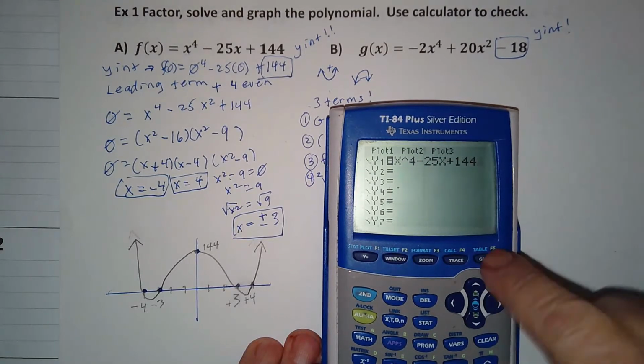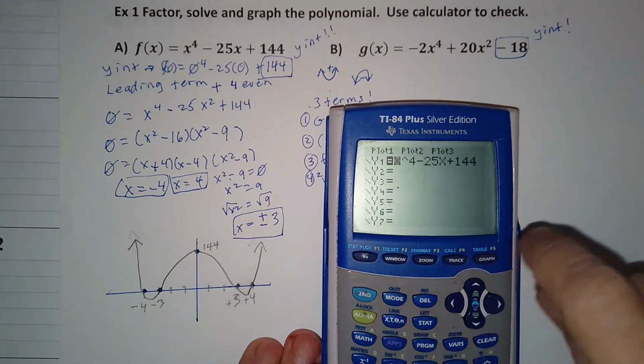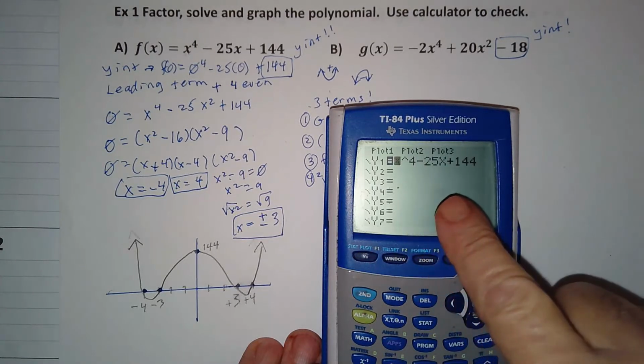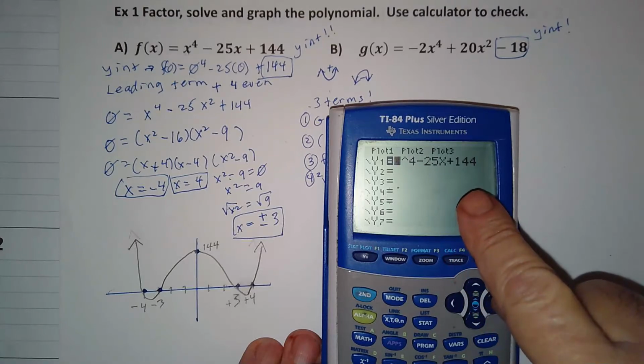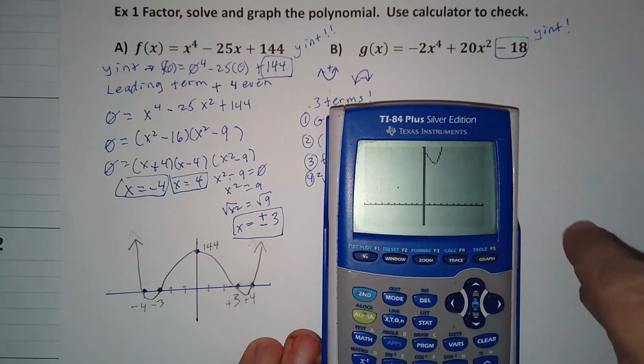Okay, and so then I'm going to graph it over here. And let's make sure. Obviously that doesn't look too good. Since this graph looks way up there, I'm going to have to change the y-intercept, and I'm also going to have to change the x-intercepts.